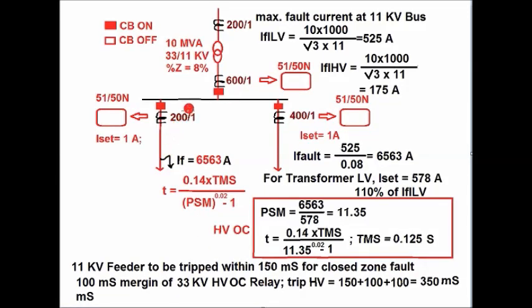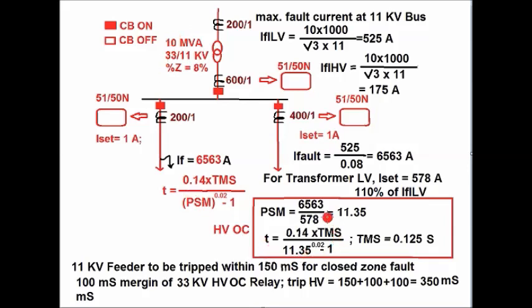Now, if a fault occurs very close to this feeder or the 11 kV bus, the fault current will be 6563 ampere. So the priority should be given to the trip of this feeder, then the LV side of the transformer. Again, a 100 millisecond margin is given for the tripping of this HV side breaker. So 150 plus 100 plus 100, equal to 350 millisecond, is given for the HV side breaker to be tripped.